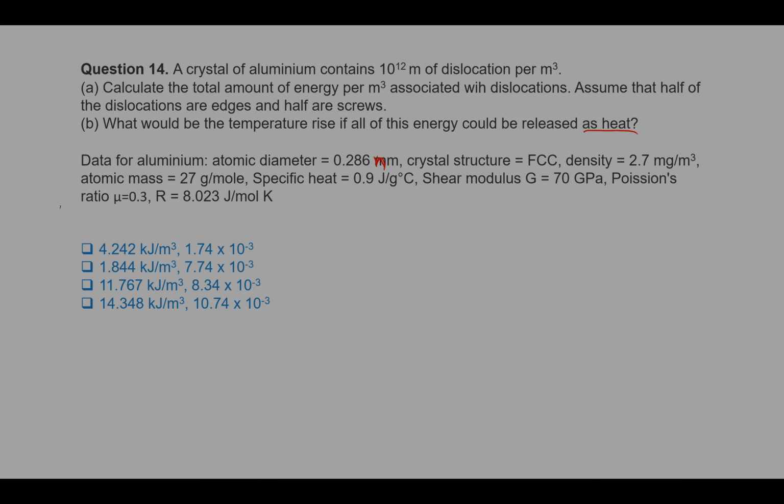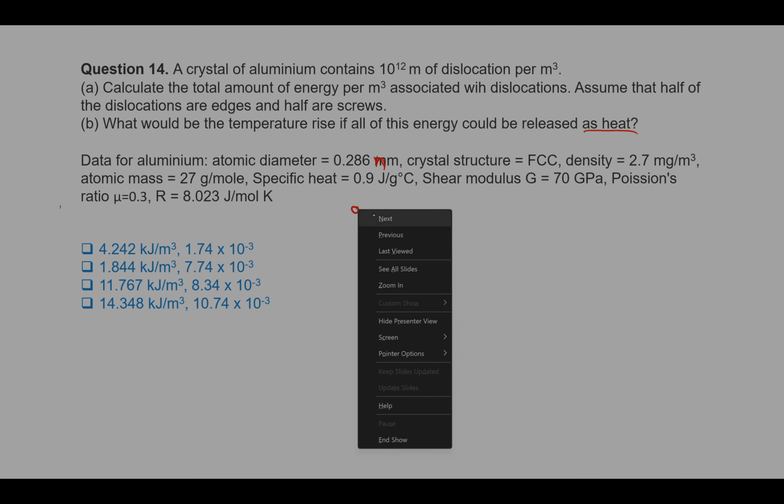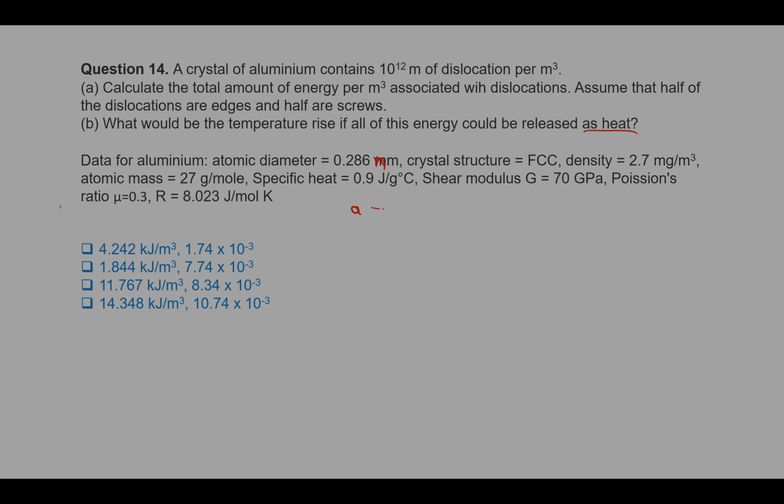For calculation, there will be two formulas. First, what is given here: we'll see atomic diameter d A is equal to 0.286 nanometer.